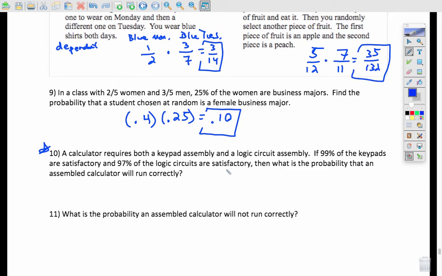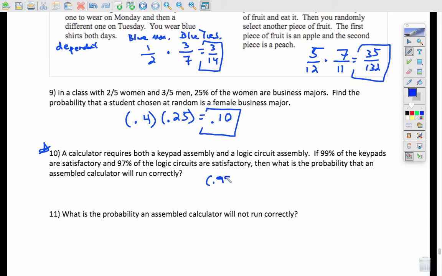Okay, here's a really good one. This is an excellent test question. A calculator requires both a keypad assembly and a logic circuit assembly. 99% of the keypads are satisfactory, and 97% of the logic circuits are satisfactory. What's the probability that you'll get a calculator to run correctly? Well, these two are independent of each other.